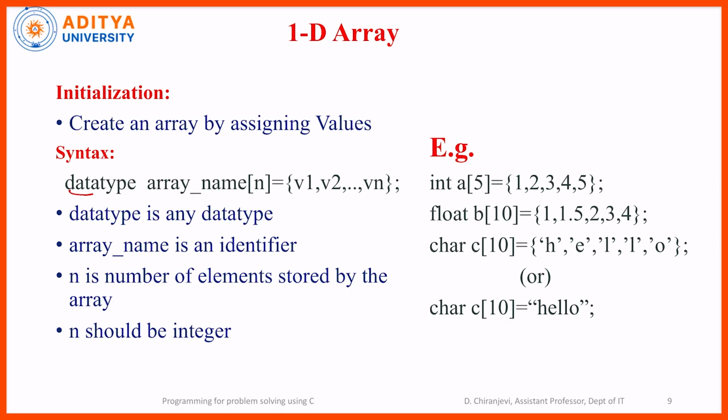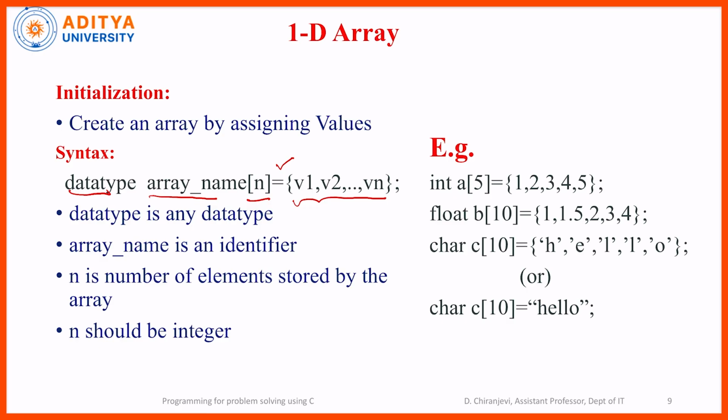So data type, then array name, then size. If you use a semicolon, this is declaration. Here I have used the assignment operator equal to, and then specified the values, then a semicolon. By using this syntax you can initialize an array.